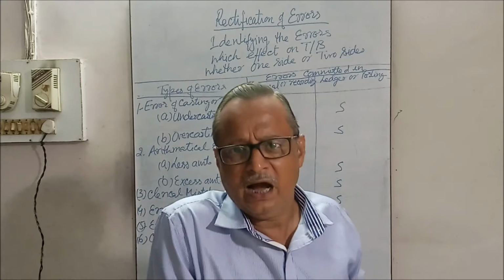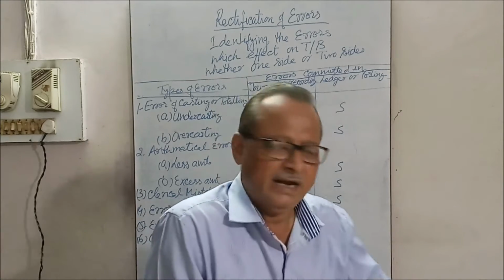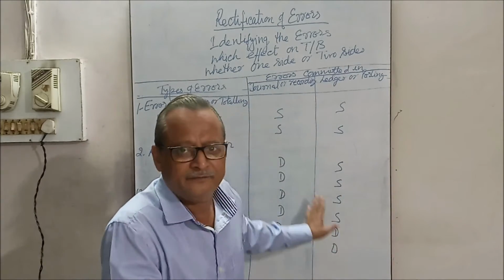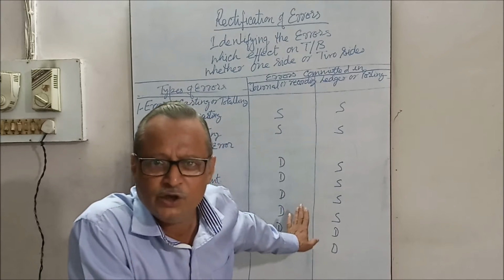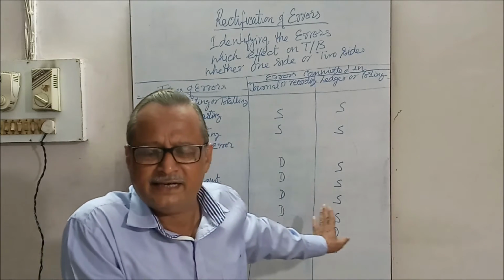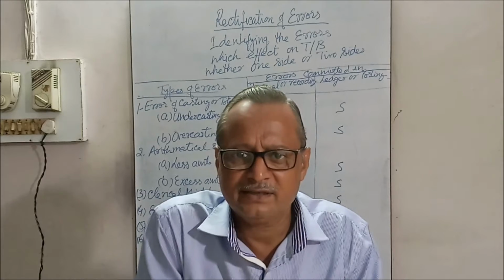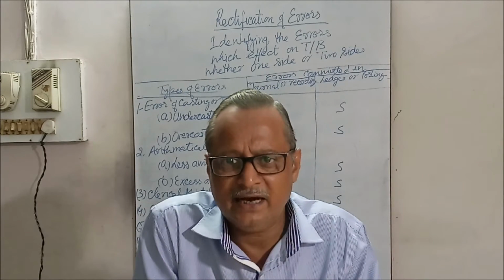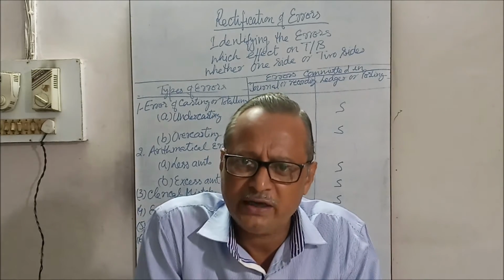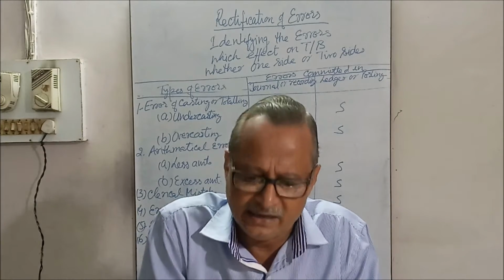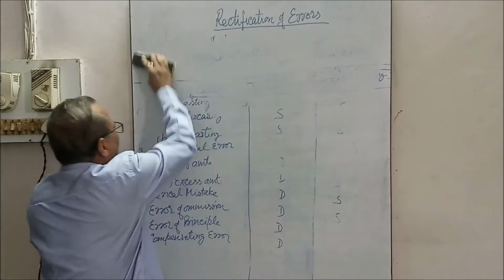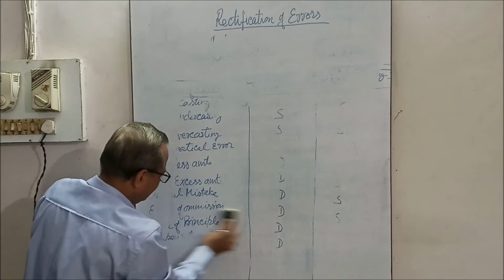First, we will learn how to rectify double-sided error. For double-sided errors, both sides have to be corrected. So whether it is detected before preparation of trial balance, after preparation of trial balance, or after preparation of final account, in all cases we will pass a journal entry. Now see how to rectify double-sided error.